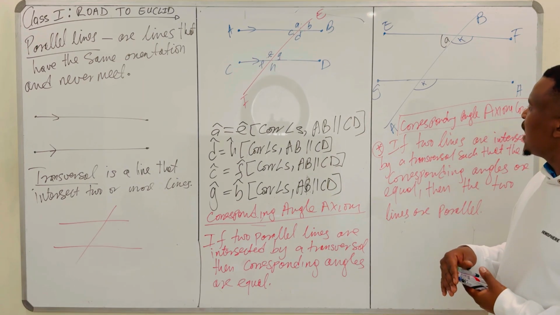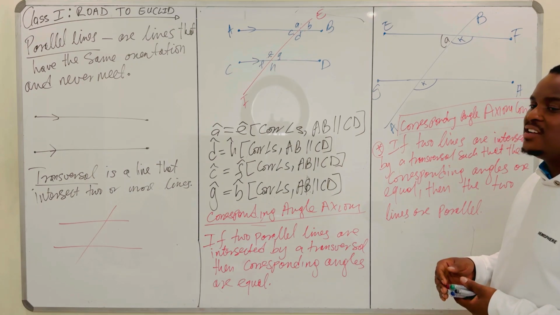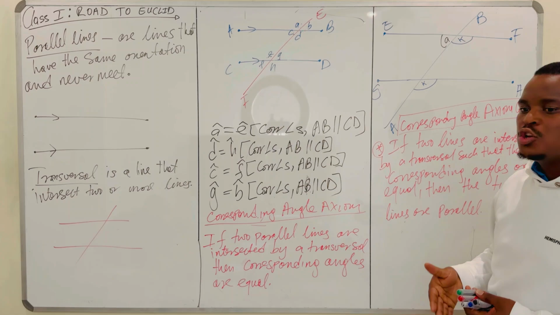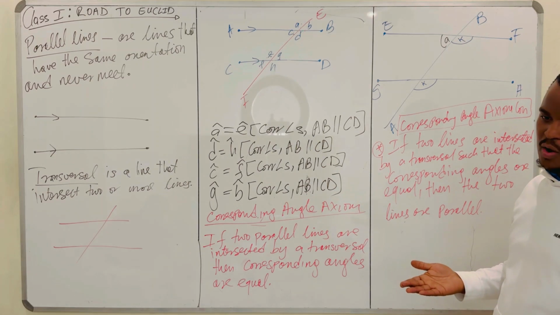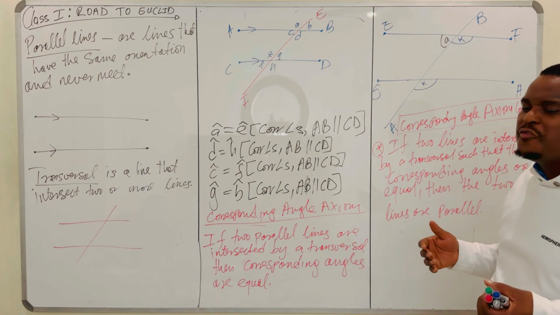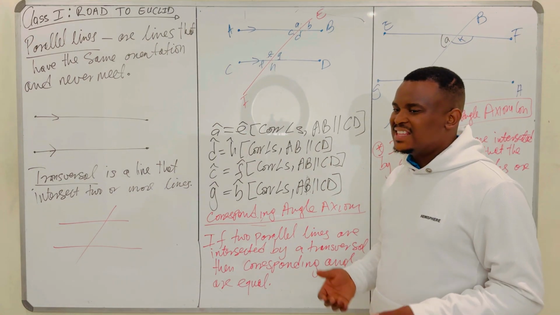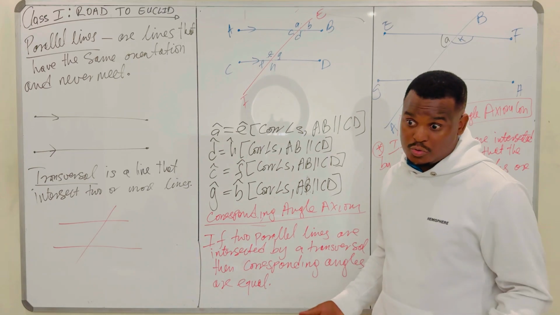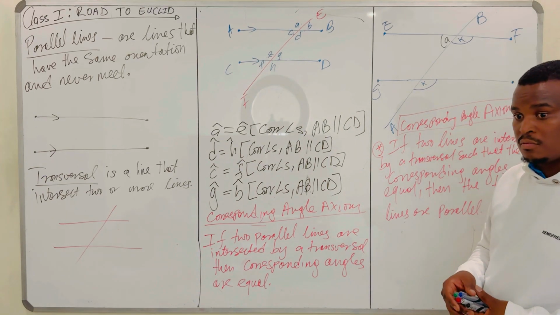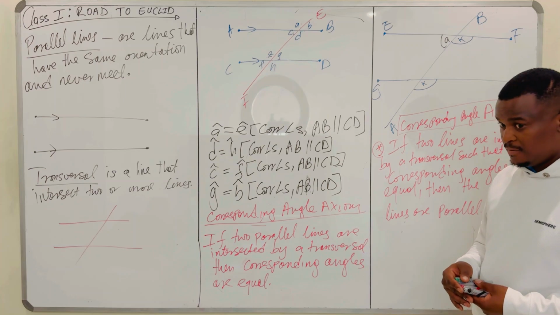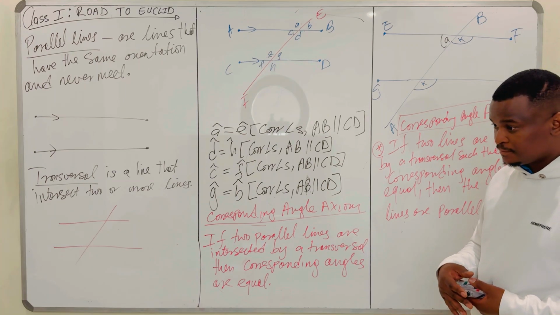And then I said that if you have two lines and those two lines are intersected by a transversal so that the corresponding angles are equal, then those two lines are parallel. They don't have to tell you that the two lines are parallel. The corresponding angles will do that for you.